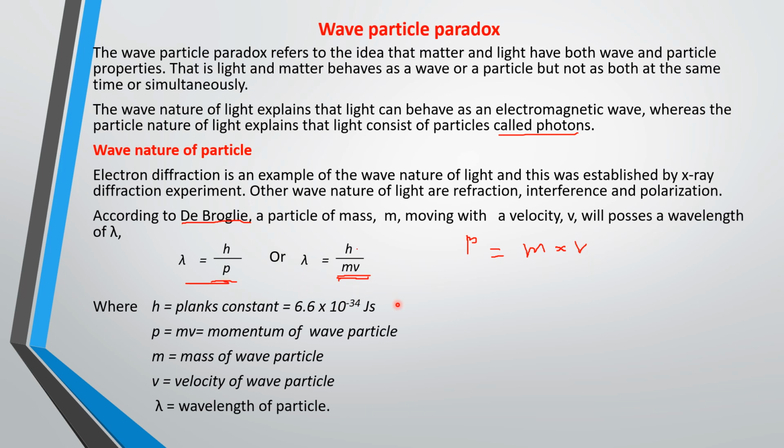So this was one of the scientists that showed that a particle or light has wave characteristics. De Broglie proved that matter and light can have wave characteristics. Another scientist that did that too was Planck.